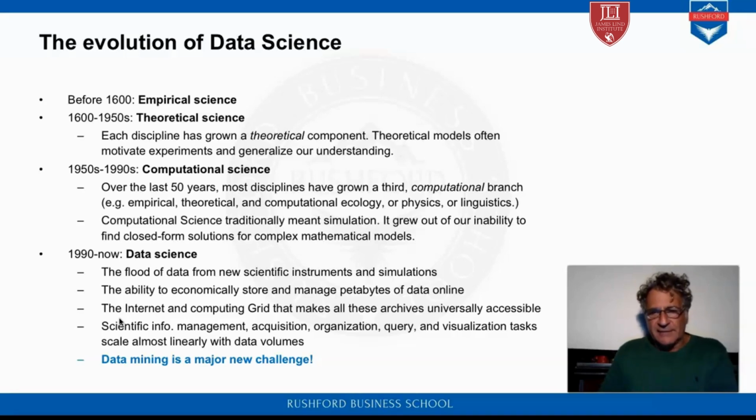Over the last 15 years, most disciplines have grown a third, computational branch, for example empirical, theoretical, and computational ecology, physics, linguistics. It has completely changed the approach of science, especially the way they collect and analyze the data. And computational science traditionally means simulation.